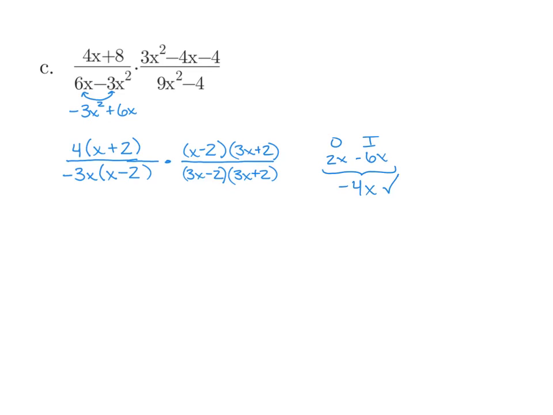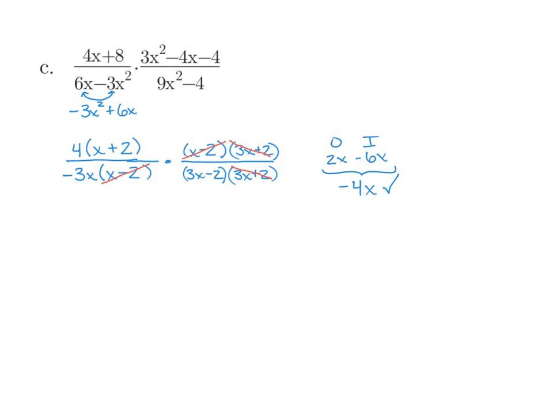Now that everything is factored, I can go ahead and do my cancellations. So what cancels? Well, I have an x minus 2 and an x minus 2. I also have 3x plus 2 and 3x plus 2. Those are the only things that are going to cancel. So now we want to write what is left over.